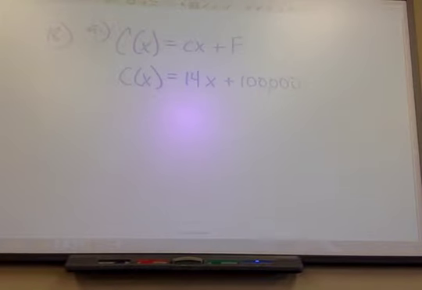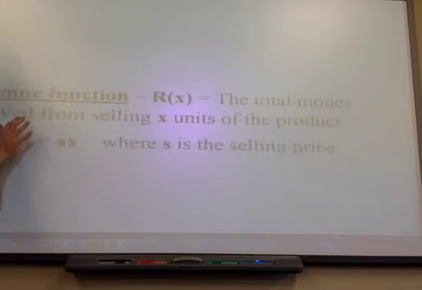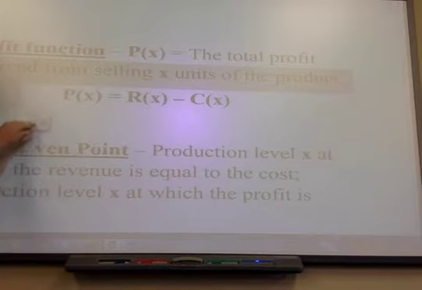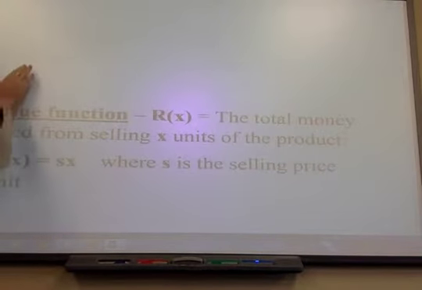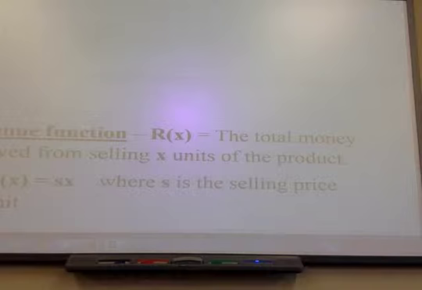Part B says, what's the revenue function? Well, let's define that. The total money, R of X, is the total money received from selling X units of the product. The revenue function R of X is equal to little s times X, where s is the selling price per unit.